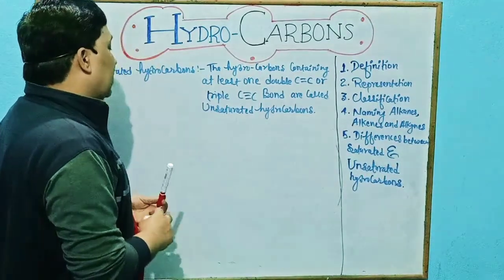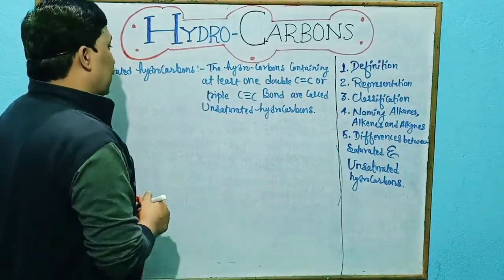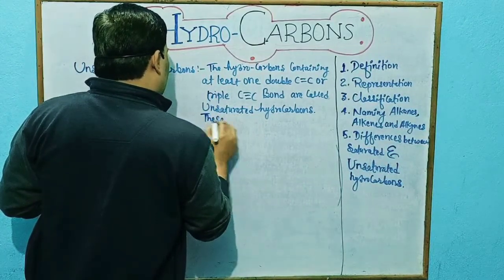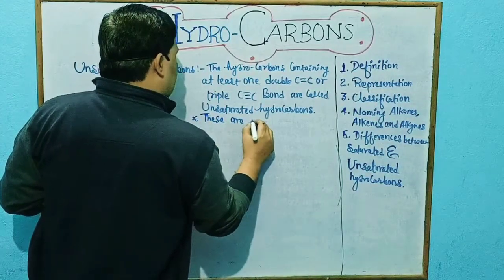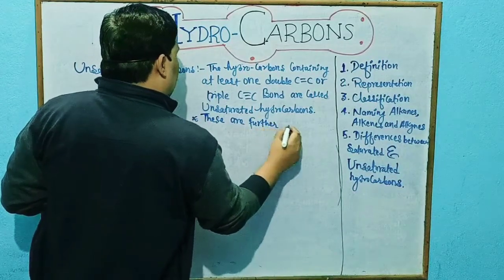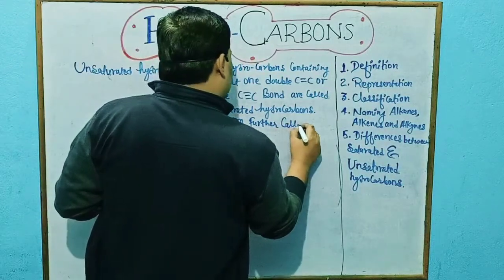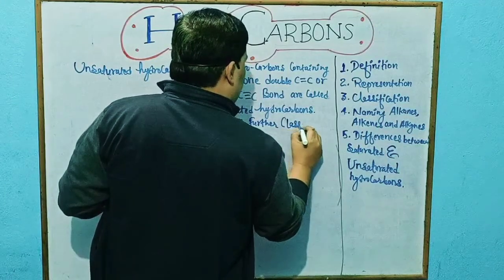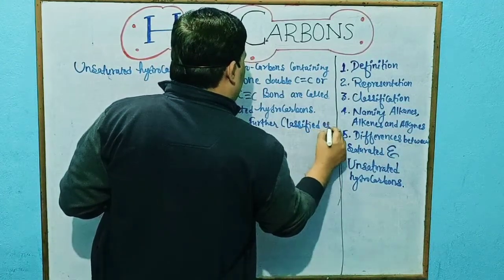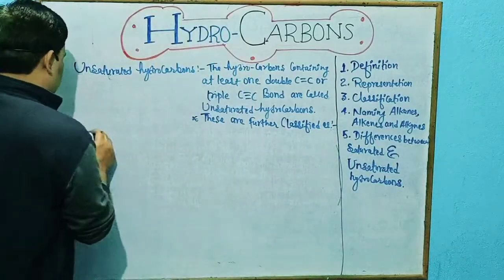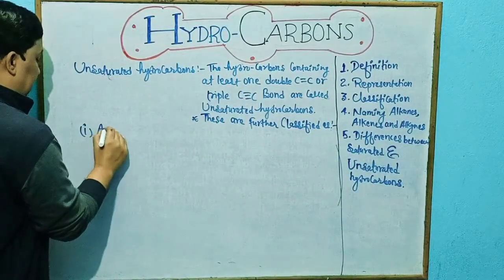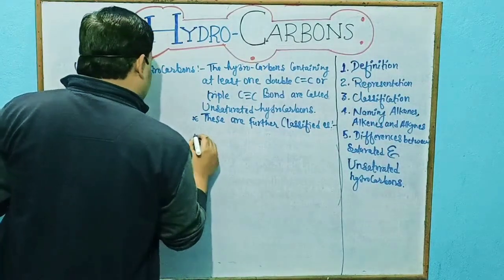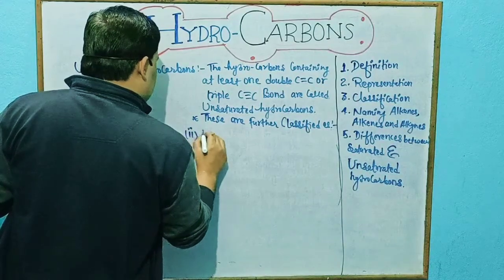Now, unsaturated hydrocarbons are further classified into two types: first one alkenes and second one alkynes.